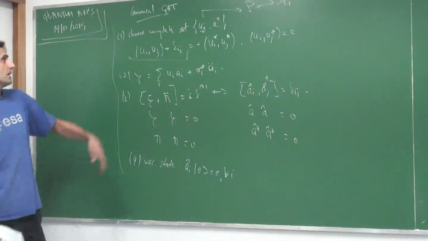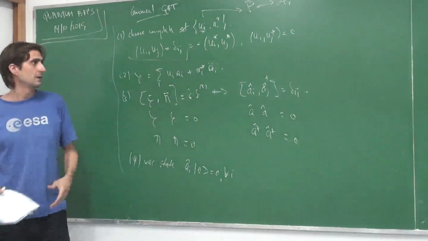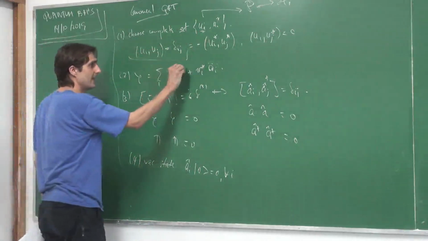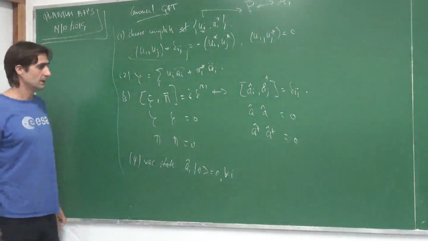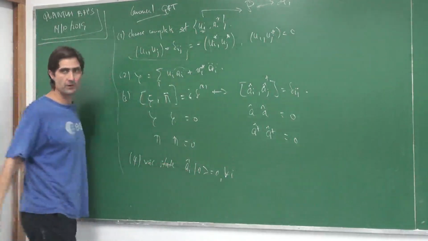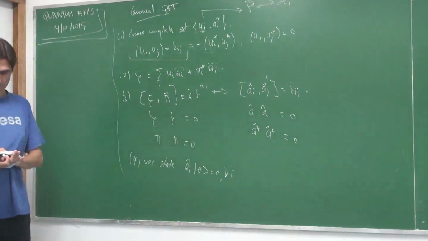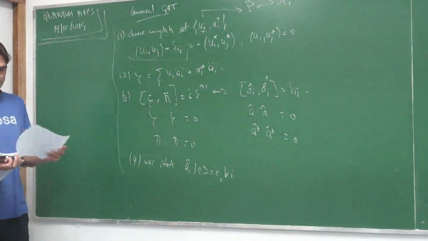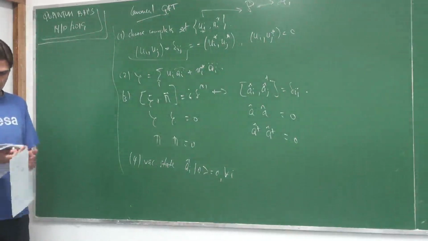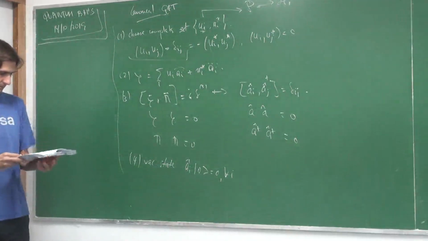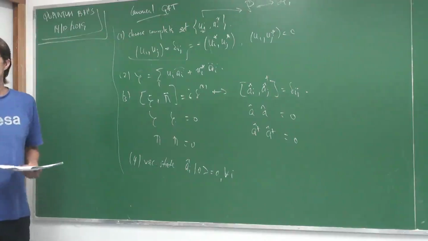You can choose different u_i's. That will mean that the a_i's are going to be different, and that will mean that your vacuum state is different. Any questions about this?